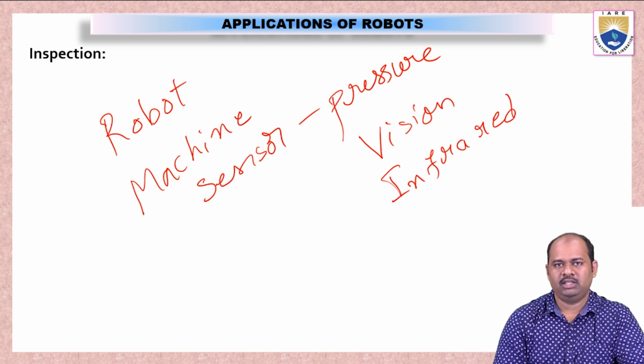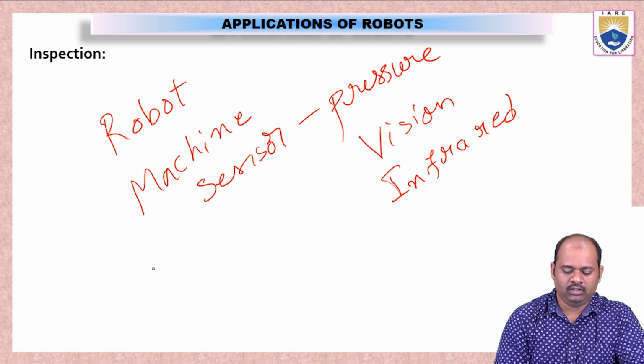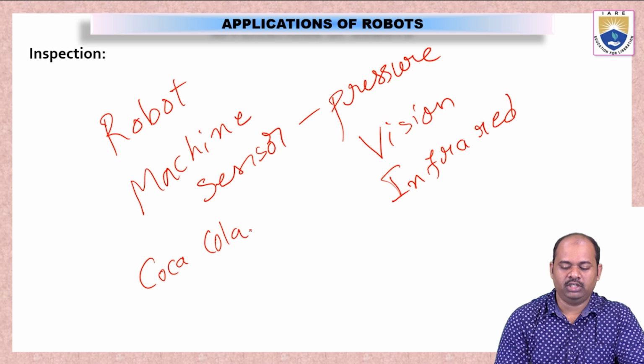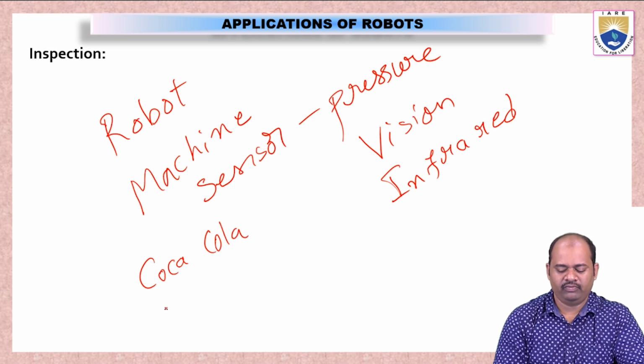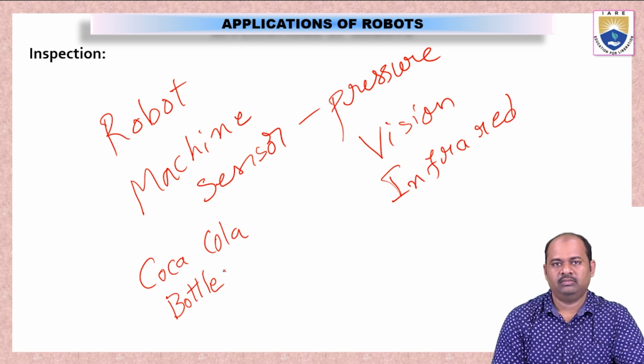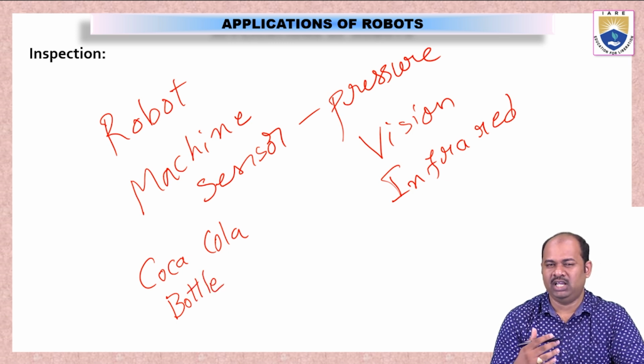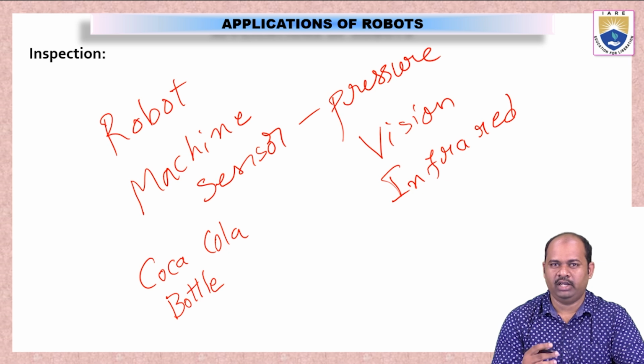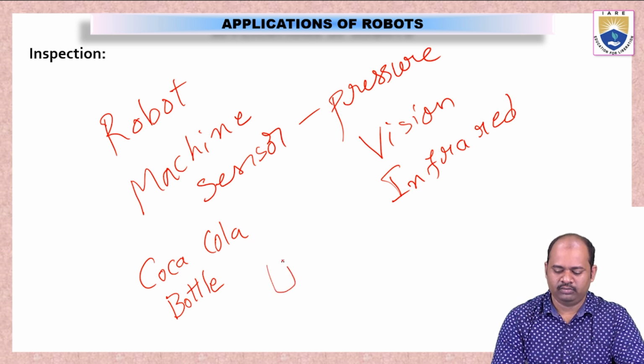So here we'll take an example of the Coca-Cola manufacturing unit, where a large number of bottles are manufactured. They are manufactured using a technique called blow molding, where a small amount of glass is taken and heated, and hot air is passed into the small part like a test tube.